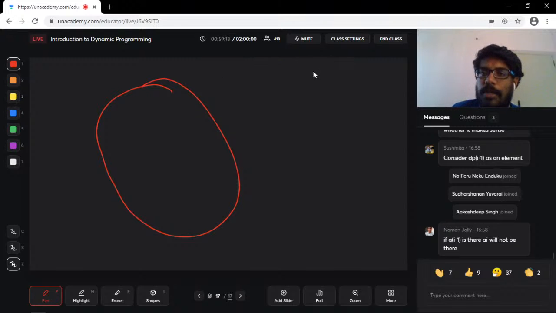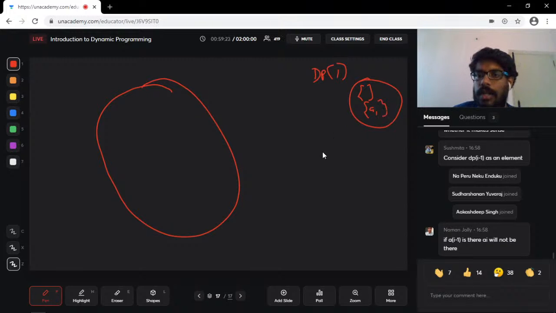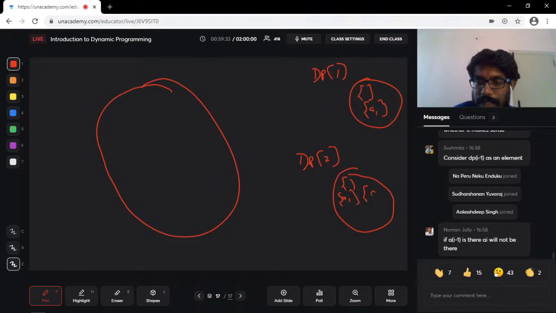So dp of 1 will consist of a bag which has the empty subset and the subset a1. When I'm looking at dp2, I'll be considering a bag which has the empty subset, the subset containing just a1, and the subset containing just a2. It will not have the subset containing a1 and a2 because it's not valid, right?